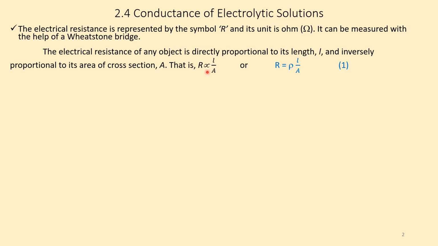Eliminating the sign of proportionality, we can write R is equal to rho into L by A. Let it be equation 1.